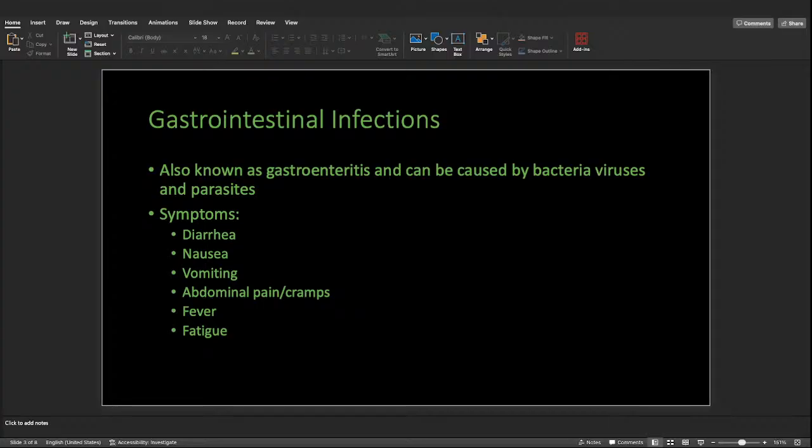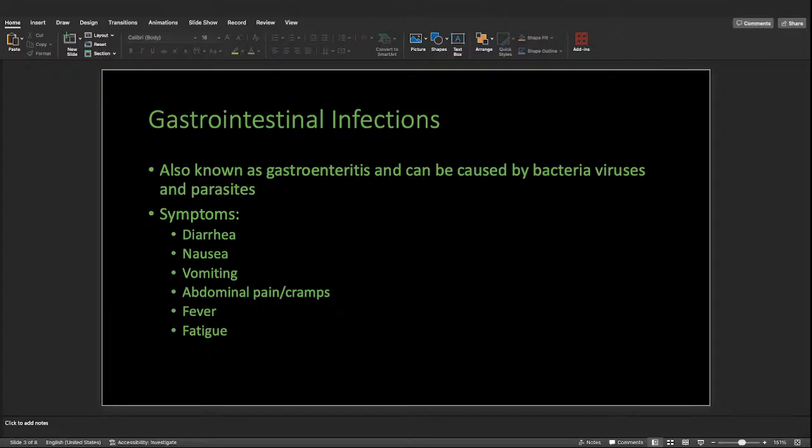Typically, in all types of gastrointestinal infections, you might encounter things like diarrhea, nausea, and vomiting, which are the main three symptoms known to occur even while on medications. But this is also very common when it comes to the GI tract.